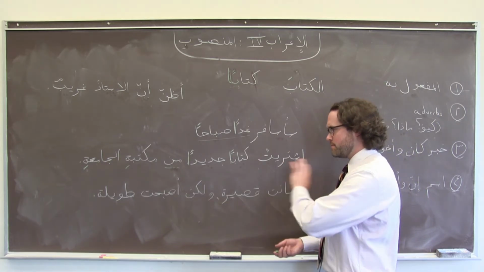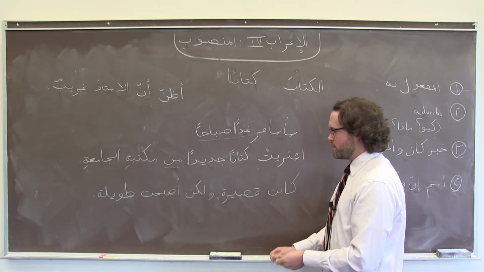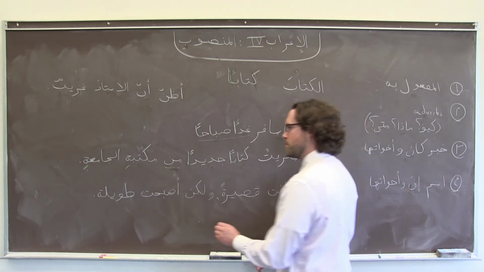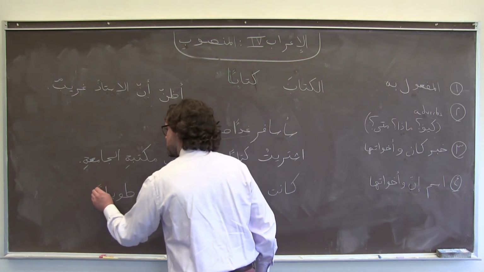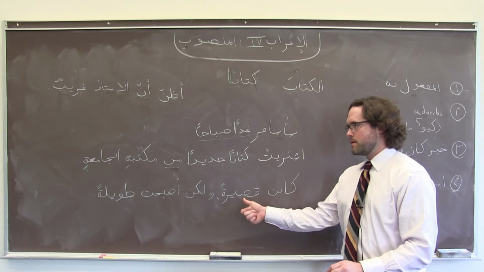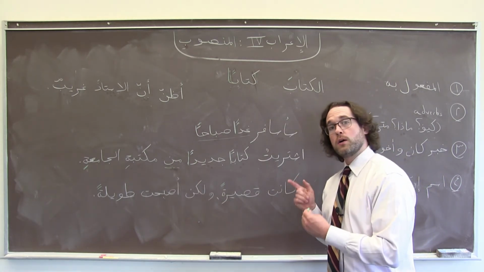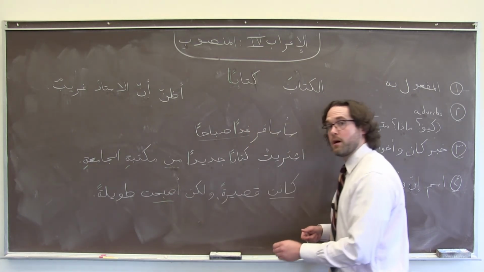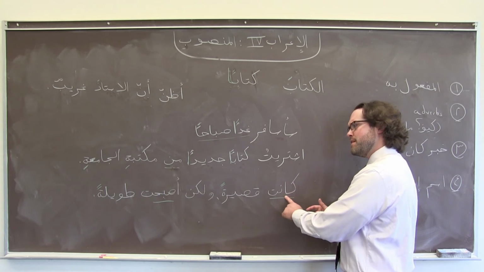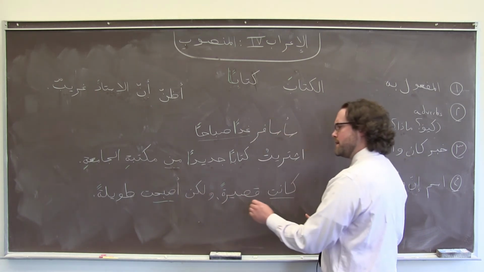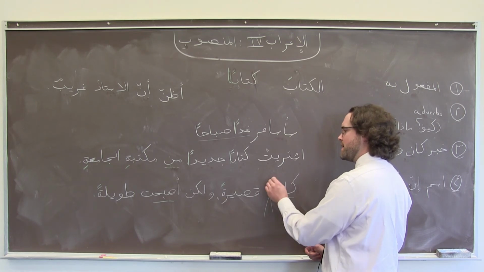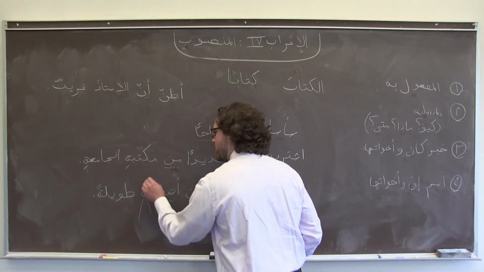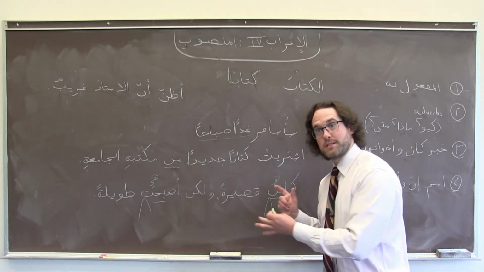But if we wanted to give all of these i'rab their full inflections, we would say كانت قصيرة ولكن أصبحت طويلة. Because قصيرة and طويلة are both khabar for كان and أصبح respectively. The ism of كان and the ism of أصبح is sort of implied. It's buried in that verb. There is an implied hiya in our conjugations of these verbs, but it's not actually present.